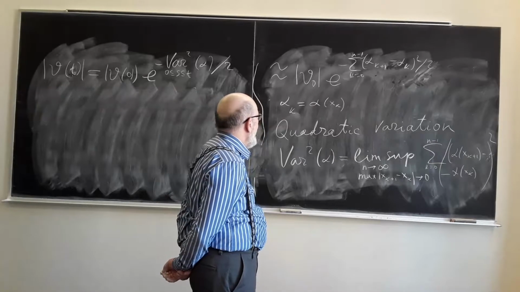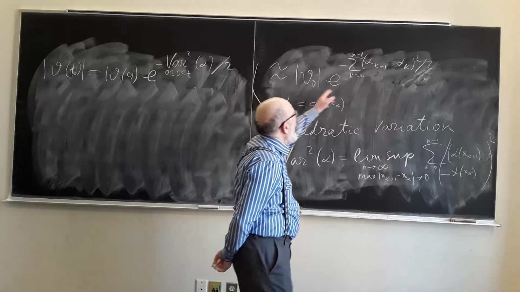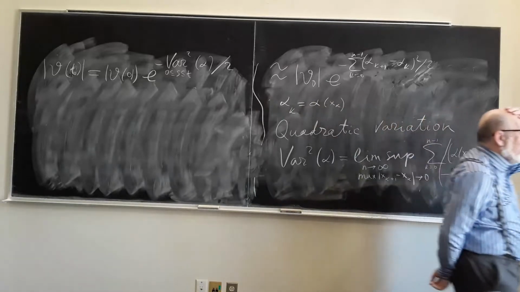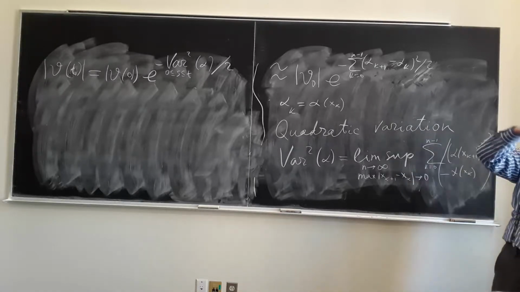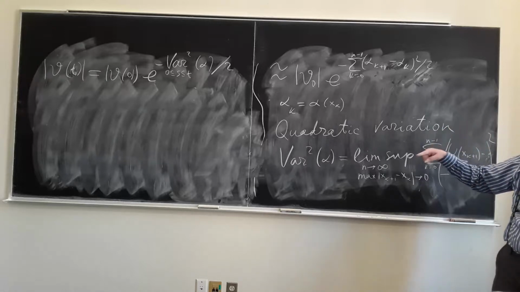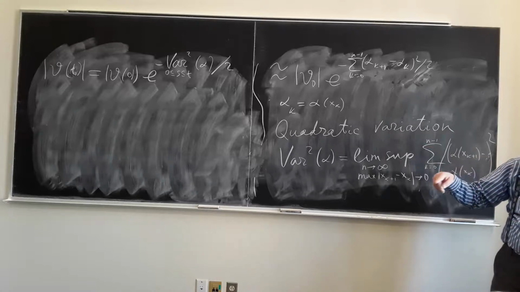In general, we have trouble with this formula because it can happen that one and the same function, alpha of S, can look different under different magnification. We can imagine a function that in our scale looks quite hairy, and under some magnification we see that it is a smooth function.